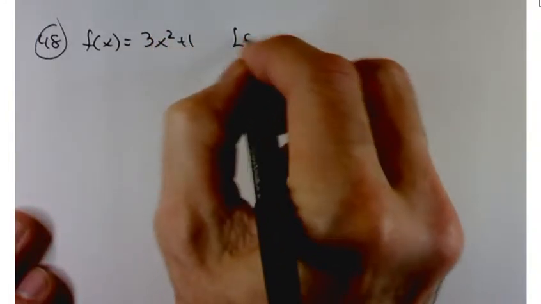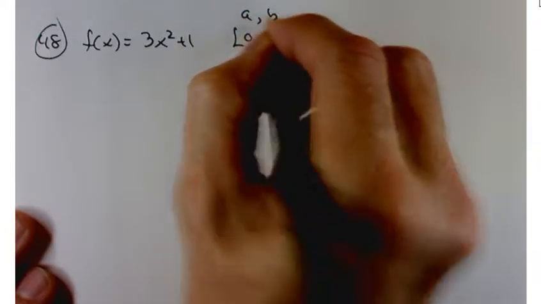Here we're dealing with the interval 0 to 2, so that's your A and that's your B.